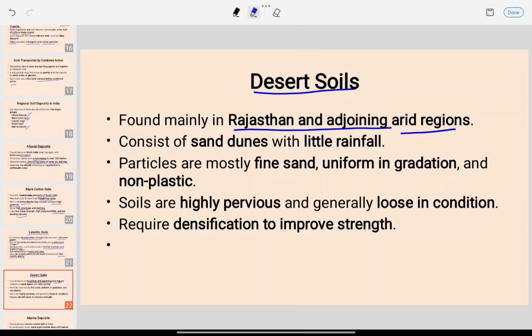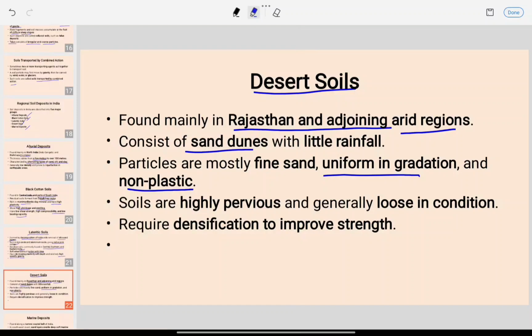Desert soil usually consists of sand dunes, which are formed under dry climatic conditions, and the soil particles are mostly fine sand, generally uniform in gradation, and non-plastic in nature.